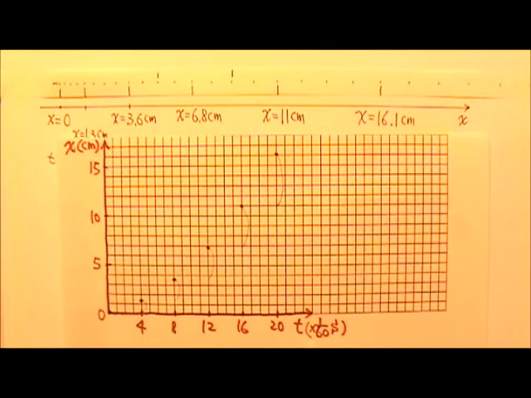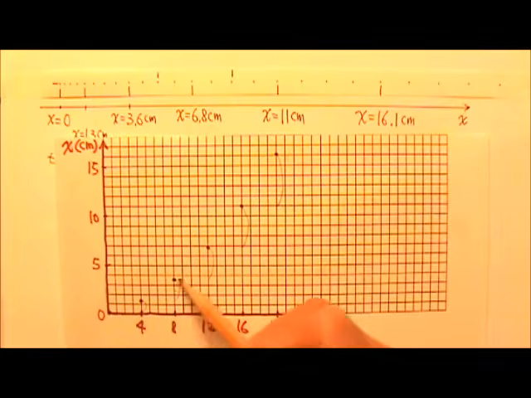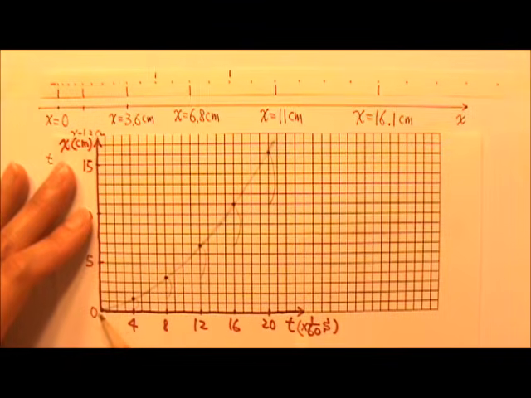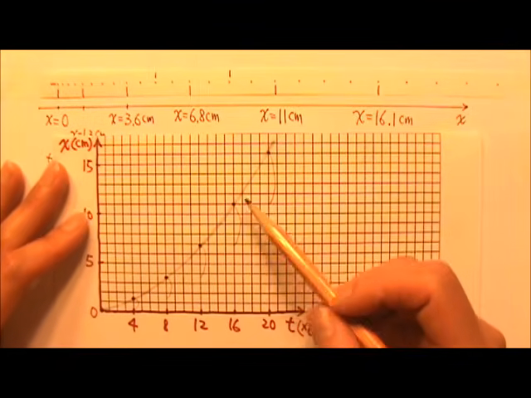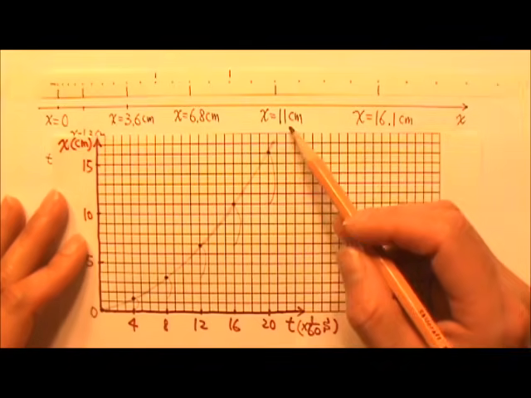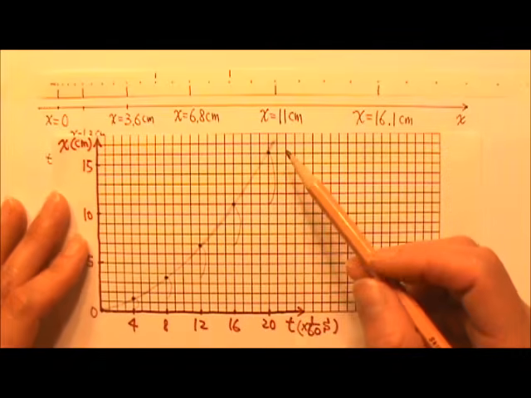In physics, we don't connect the dots, but we like to make a best fit curve. So I'm just going to very carefully draw a smooth curve that fits as many dots as possible. Okay, here's my best fit curve.